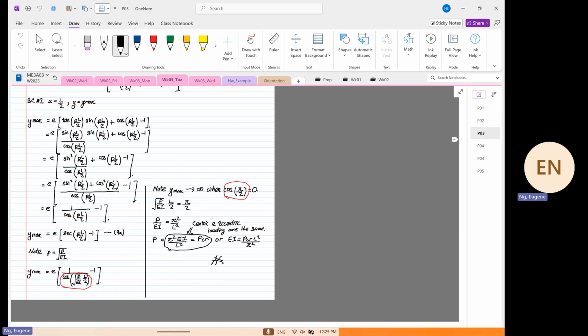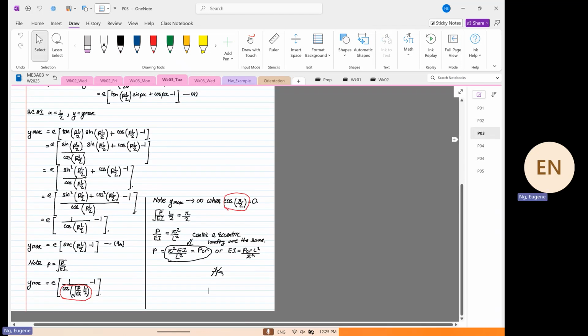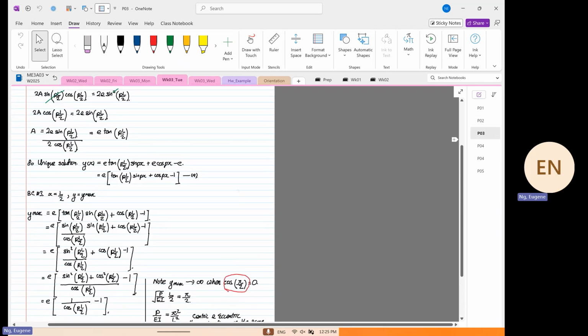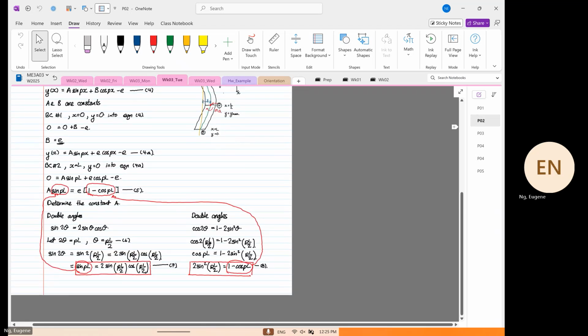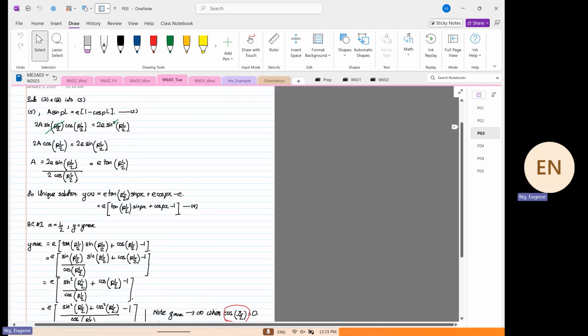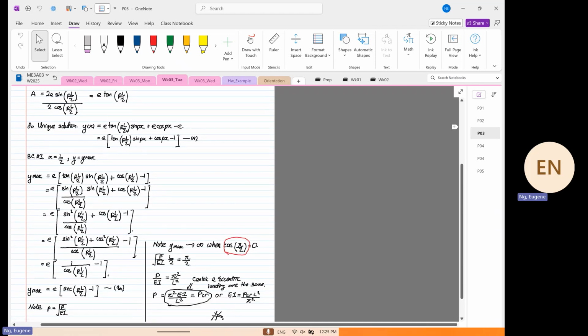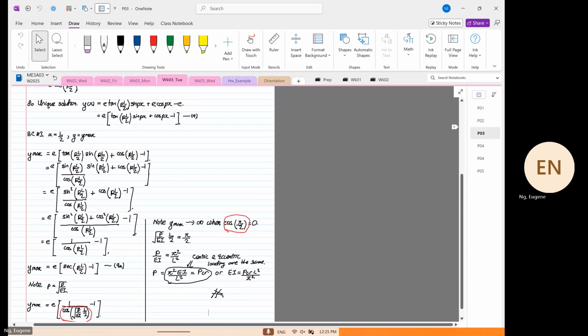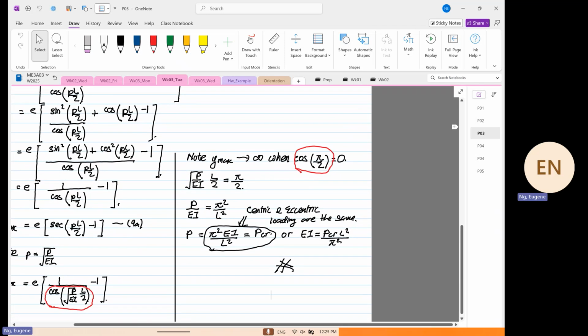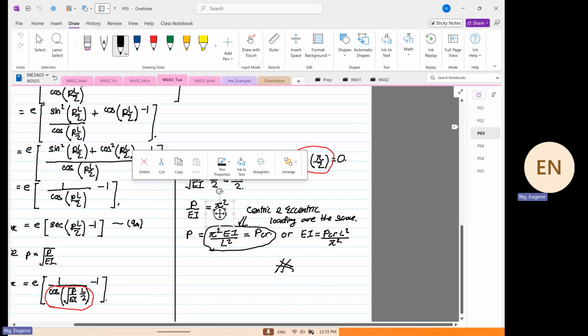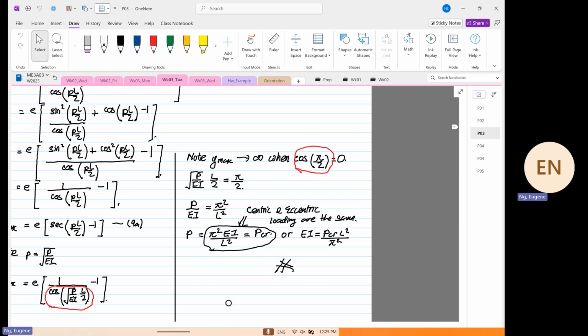Now, what do we know from yesterday? We have shown that P critical is equal to pi squared EI over L squared. Or we can express the term EI is equal to P critical L squared over pi squared.